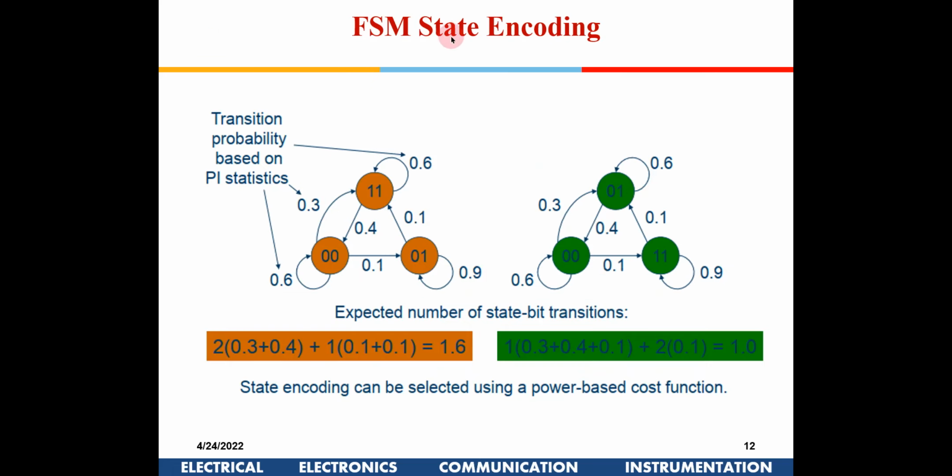Similarly, in FSM state encoding, in digital design you might have done an FSM. This 1 1, 0 0 and 0 1, we assign these values. If there are 3 states, you require 2 flip-flops. Out of the 4 possible combinations we arbitrarily assign 3 combinations, 1 1, 0 0, 0 1.